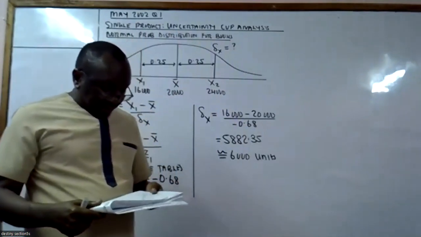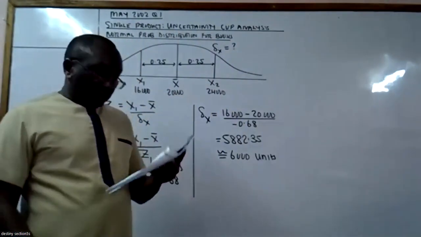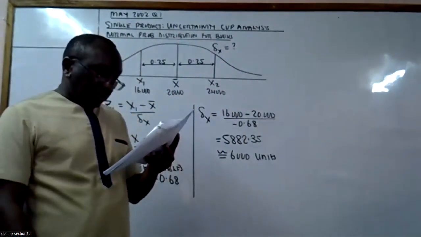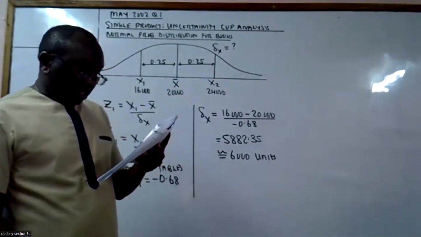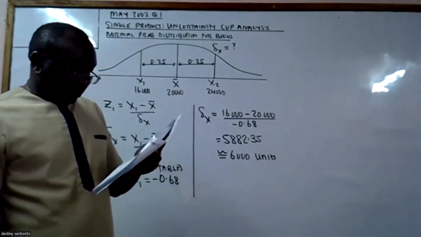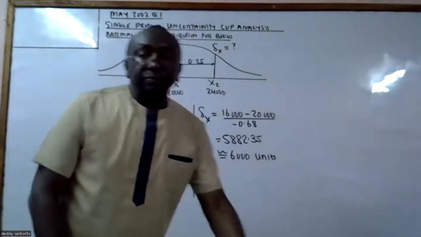The next thing is, using standard deviation of 6,000, determine the probability that the company will at least break even if they are using existing printing facilities.